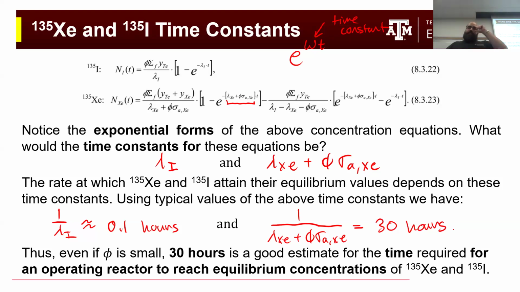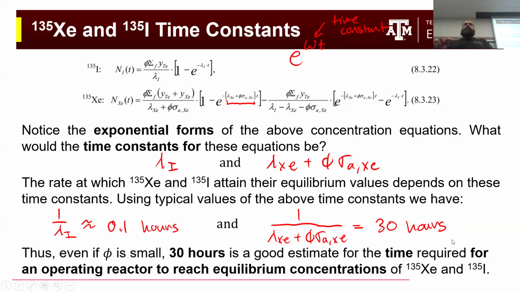So that number tells you that even if you have a small flux, it's going to take about 30 hours for your xenon to build up an equilibrium amount. That's a good number to keep in mind: over the first 30 hours of a reactor being turned on is when my xenon concentrations are going to be built up the most.